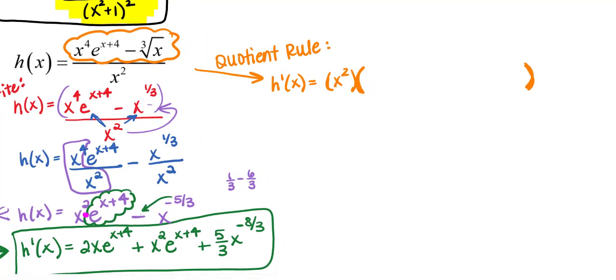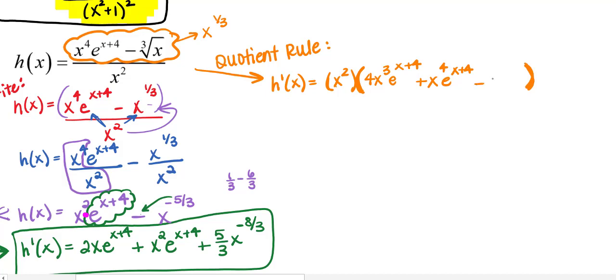So that will be x to the fourth derivative is 4x cubed. Leave the e to the x plus 4 alone. Plus, leave the x to the fourth alone. And the derivative of e to the x plus 4 is e to the x plus 4. Then I have minus, and I'll still want to look at that as x to the 1/3, so I can power rule that.